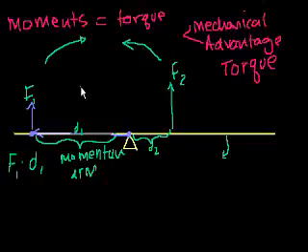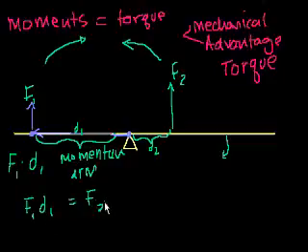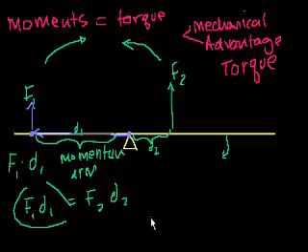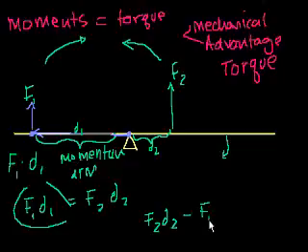So the law of moments essentially tells us, and we learned this when we talked about net torque, that this force times this distance is equal to this force times this distance. So F1 D1 is equal to F2 D2. Or if you subtract this from both sides, you get F2 D2 minus F1 D1 is equal to 0.